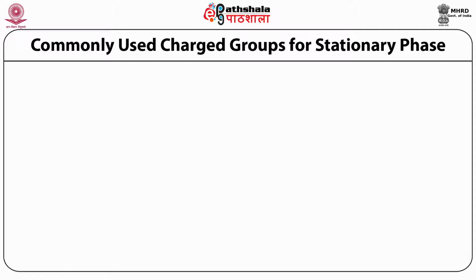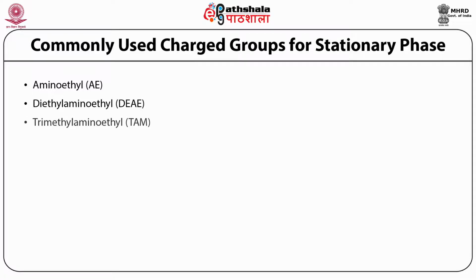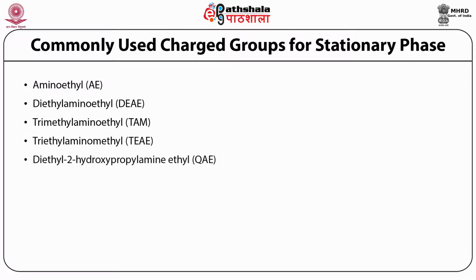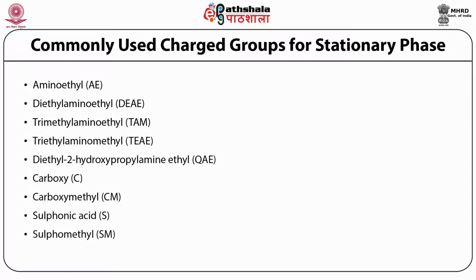Commonly used charged groups for stationary phases are aminoethyl, abbreviated as AE, diethylaminoethyl, commonly known as DEAE, trimethylaminoethyl, that is TMAE, triethylaminomethyl, commonly known as TEAE, diethyl 2-hydroxypropylamine ethyl, carboxy groups, carboxymethyl functional groups, sulfonic groups, sulfomethyl groups, and sulfopropyl groups.